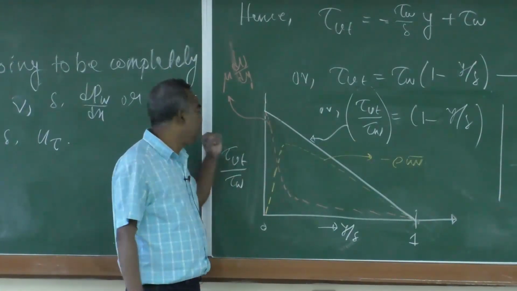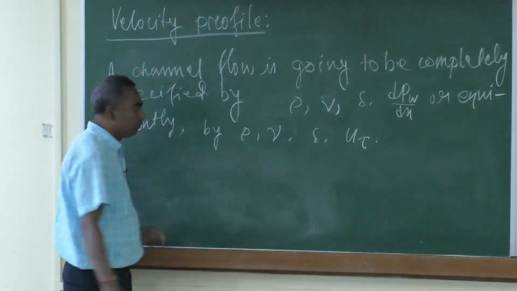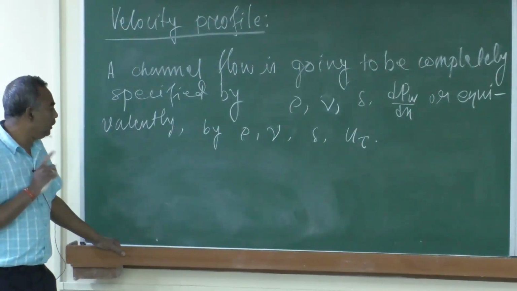That means the right velocity and length scale should be different near the wall. So, we need to figure it out.